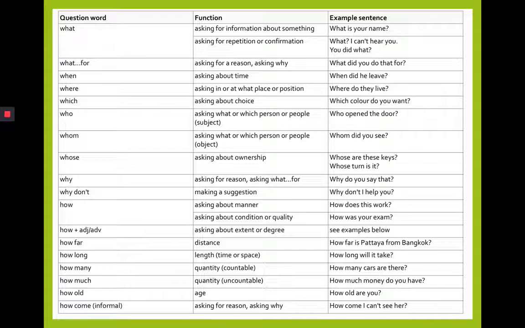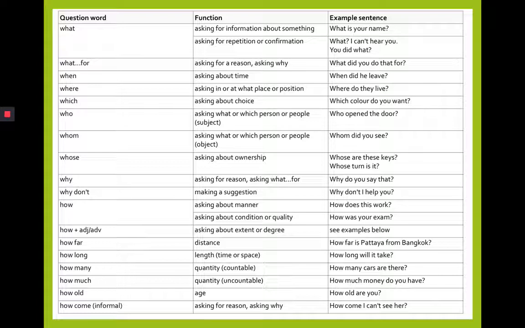Who is about people, whom is about asking what or which person or people. So basically, if you saw something happen and you want to know which person or what object caused it, you refer to it as whom, right? Whose is about ownership, whose are these keys, whose turn is it, right?